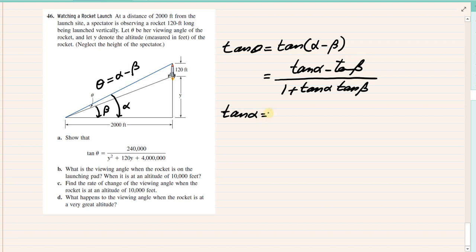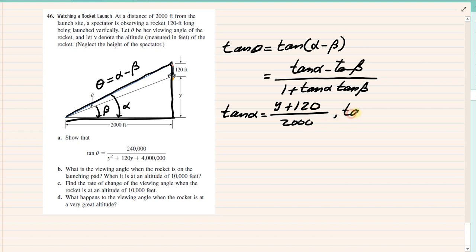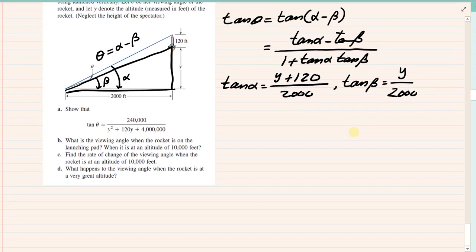We're looking at the bigger triangle here, right? Tangent is opposite over adjacent. The side opposite is y plus 120 divided by the adjacent side, which is 2,000 feet. And then tangent of beta, likewise, for the smaller triangle, is just going to be y over 2,000. All right? So we can plug these in now into our tan theta formula.